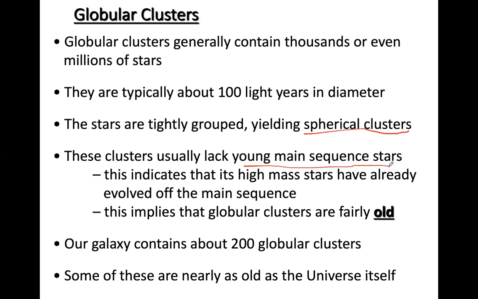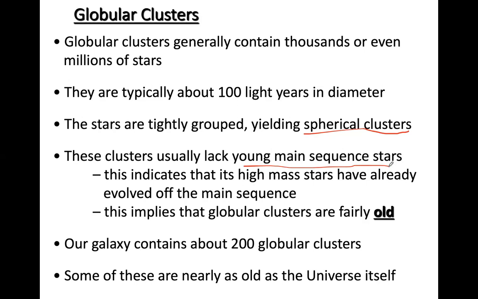And you can understand the reason now, the same reason that I mentioned. If you look at our galaxy, as I mentioned in the previous table as well, there are around 200 globular clusters. Some of these are nearly as old as the universe itself.